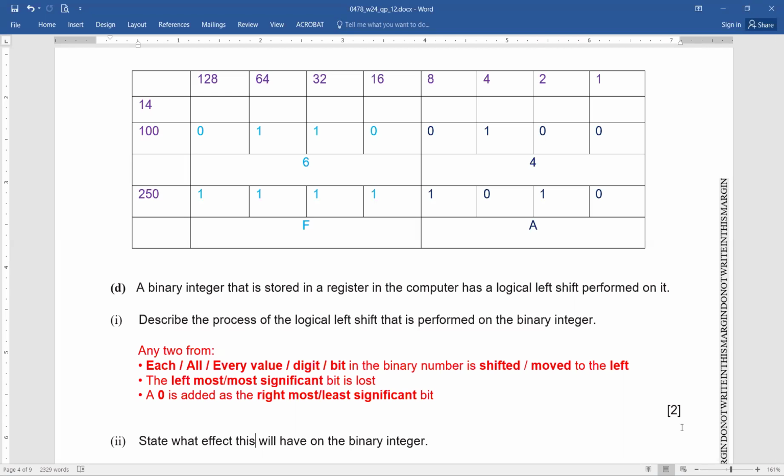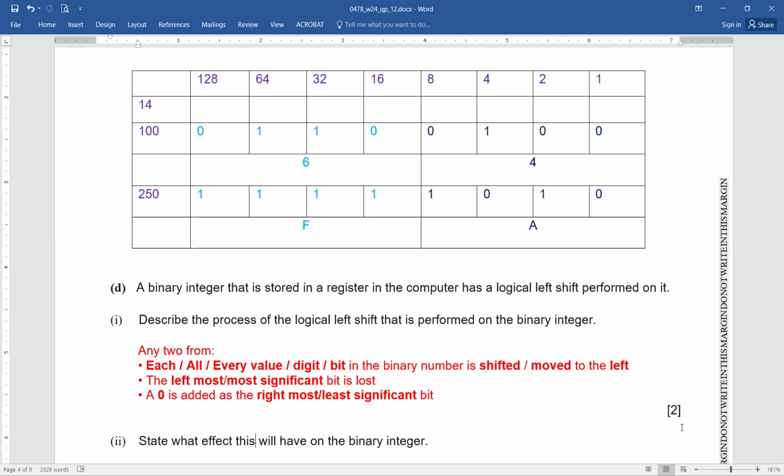I'm sharing the right answer that they expect the students to write. All the bits in the binary number are shifted, each digit is moved to the left. And when this shifting is done to the left, definitely it means your most significant bit will be lost.